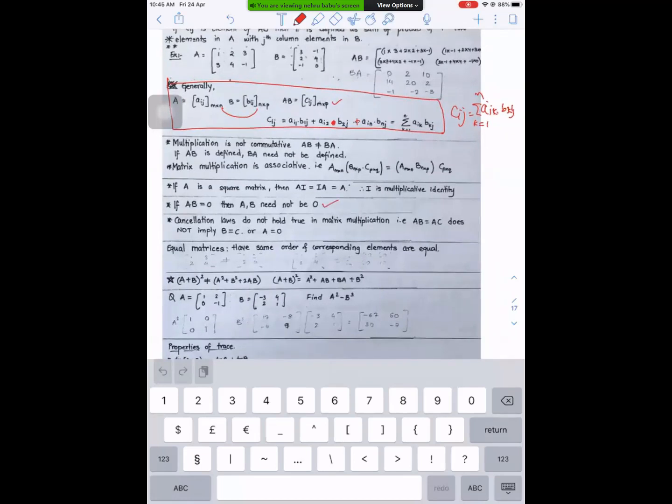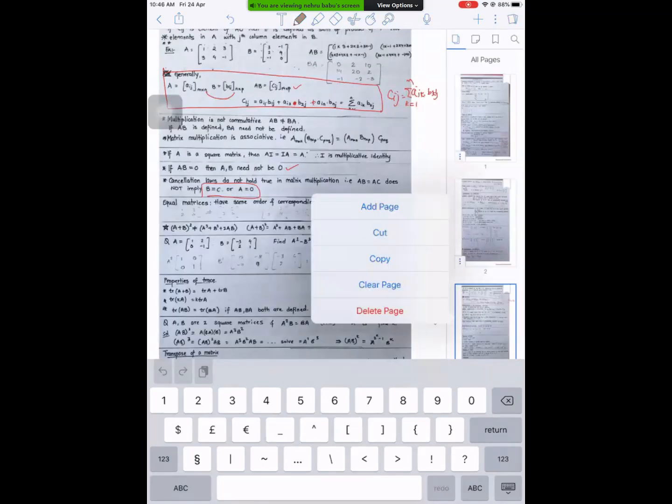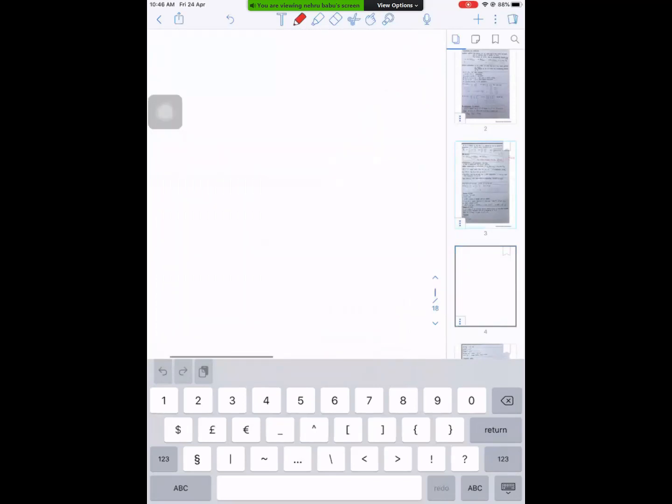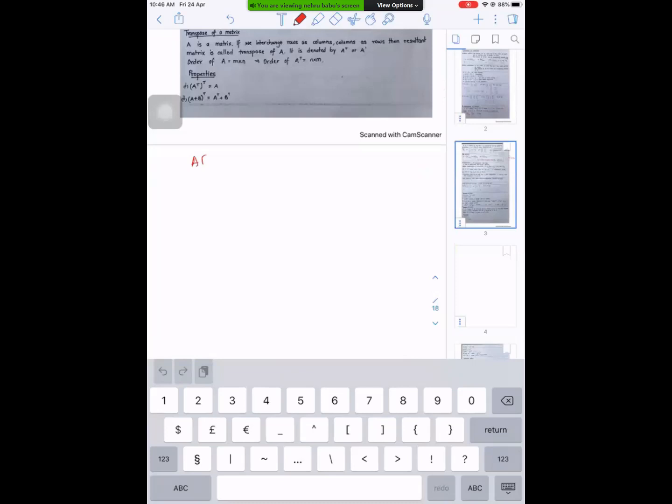In the same way, AB equal to AC does not imply B equal to C or A equal to C, and this property is very important. In AB equal to AC case, what are the possibilities? B equal to C will come when det A is not equal to 0. Here, AB equal to AC gives A into (B minus C) equal to 0, which implies det of A into (B minus C) equals 0.